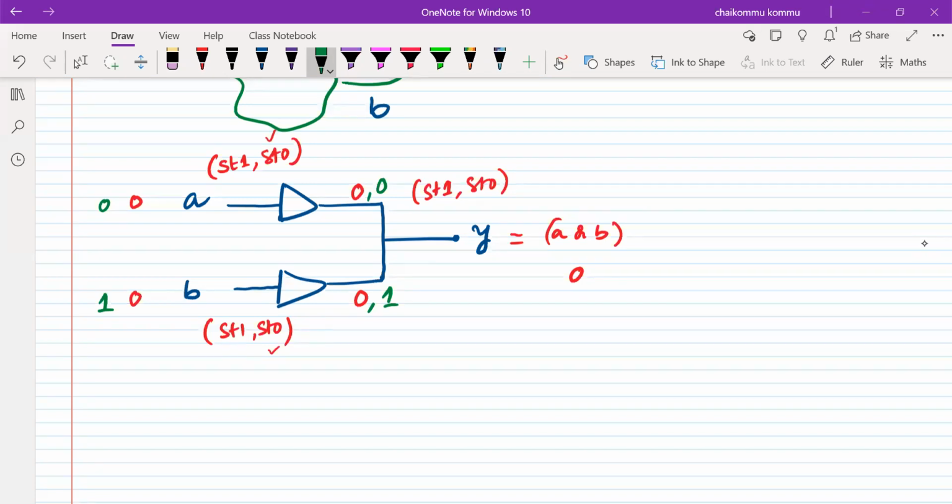Opposite values but the same strength, then there will be an ambiguity. Which one should it take? This is called signal contention. So we don't know whether A has to take or B has to take. Okay, so unknown.